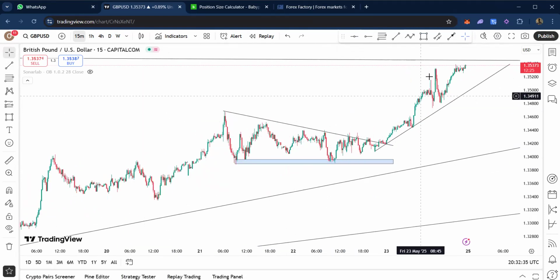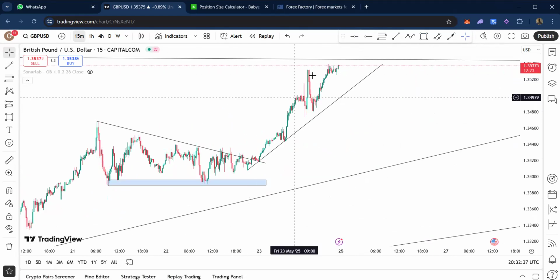No, it will continue. So you're supposed to zoom out, keep a keen eye. Most people won't get this setup because they're looking for sells because of the trend line. But if you zoom out, you find out that we are in a triangle pattern. So you trade with it.